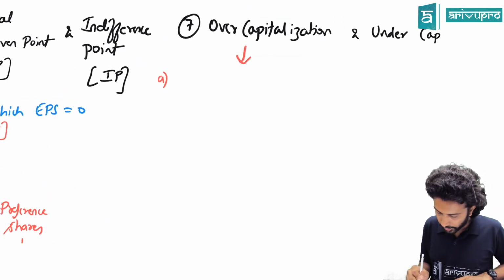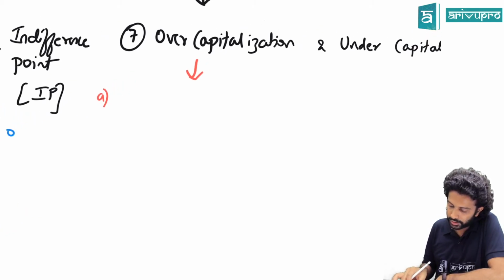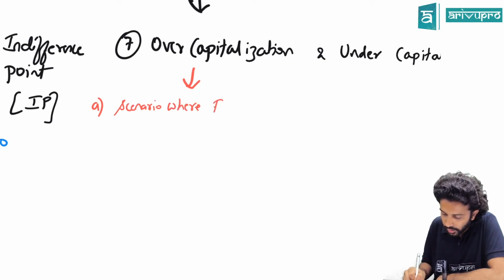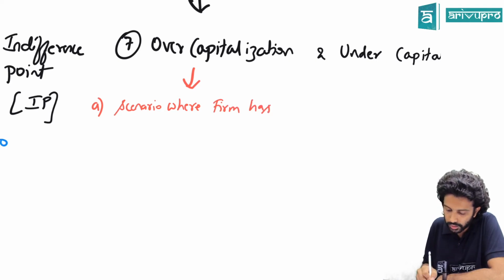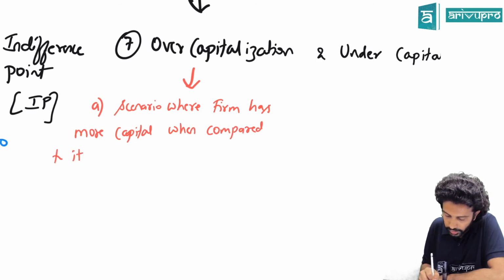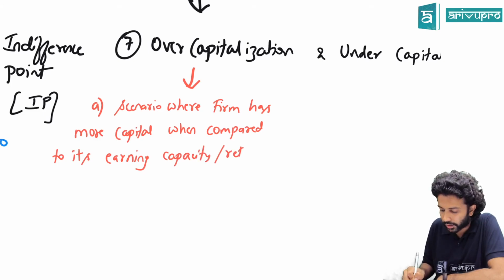Point number A. Overcapitalization: scenario where the firm has more capital when compared to its earning capacity or returns.